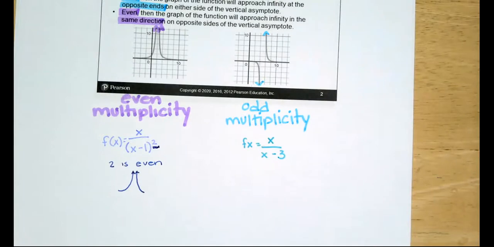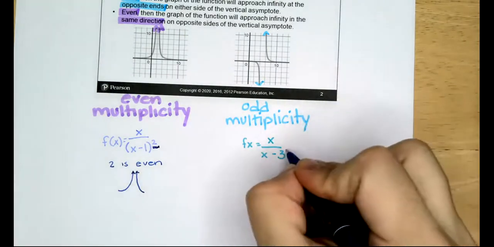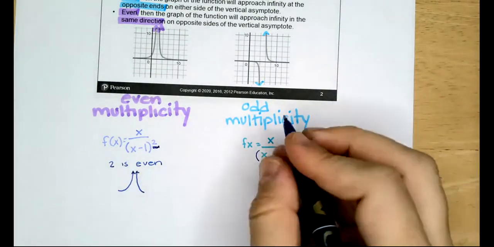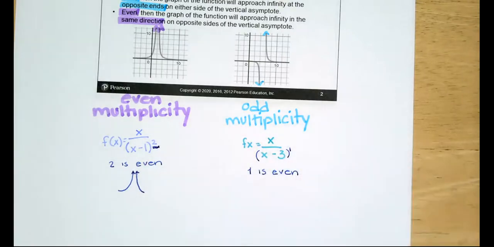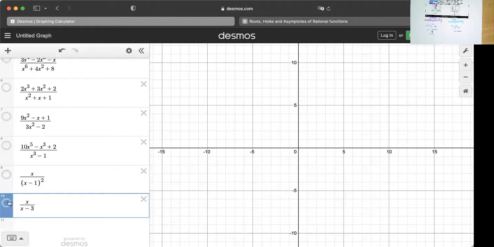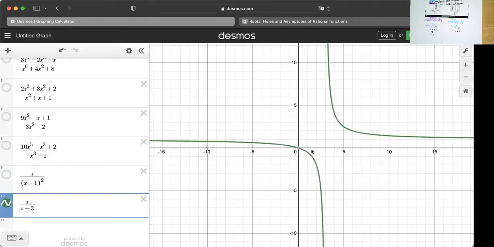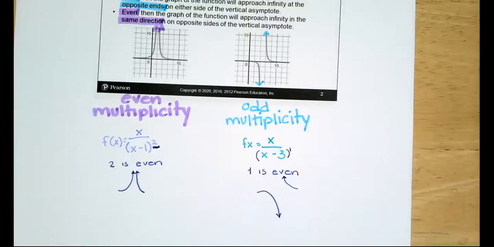Here, it's an understood 1, right? 1 is odd. So at 3, we're going to have one side going towards negative infinity and one going towards positive infinity forever.